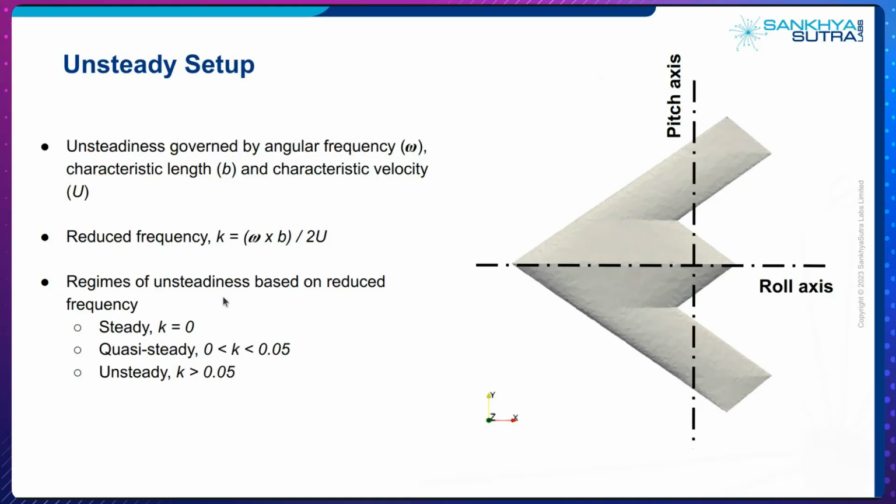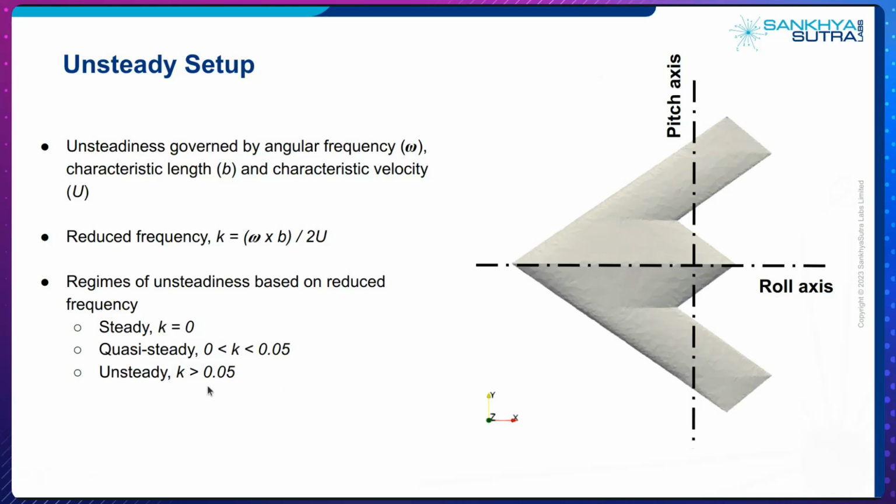And you basically have three regimes of unsteadiness based on the reduced frequency. So if K is equal to 0, you have steady flow, which basically means that you have zero angular velocity component. And if the value of K is between 0 and 0.05, then you have quasi-steady flow behavior, which means that you will have some unsteadiness in the flow, but it will not be completely erratic.